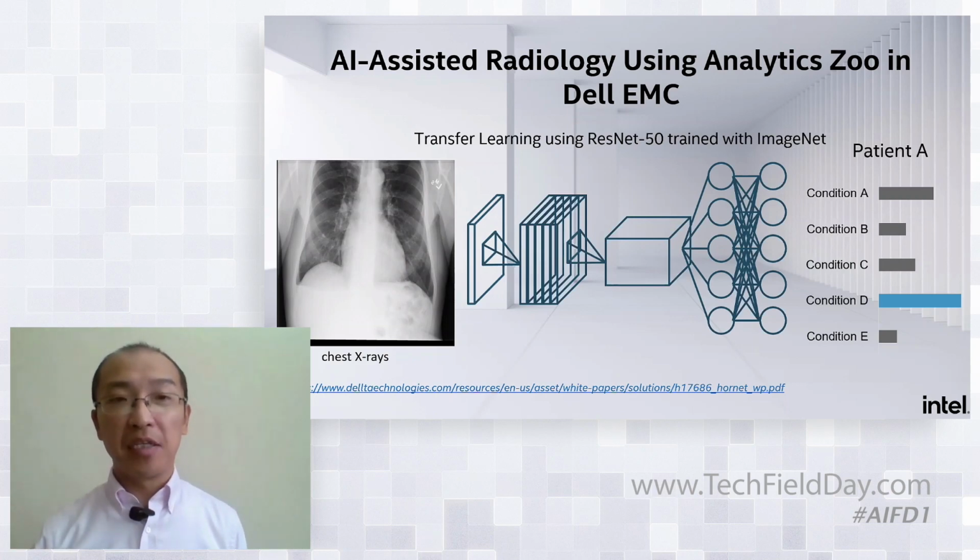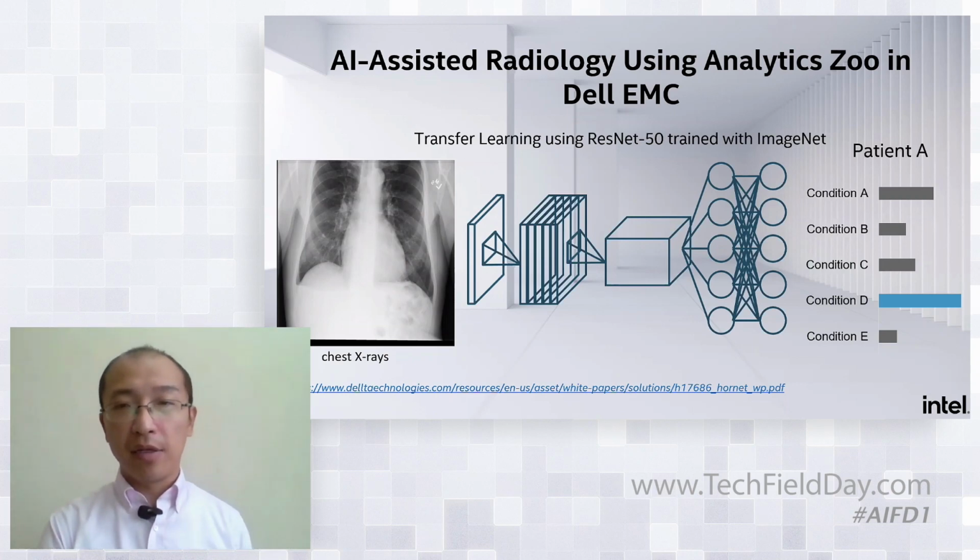So what they end up doing is using transfer learning with ResNet pre-trained on ImageNet, and take your chest X-rays to predict what diseases you can detect from this chest X-ray. So that's again an example of how people are using computer vision on top of Analytic Zoo for their use case applications.